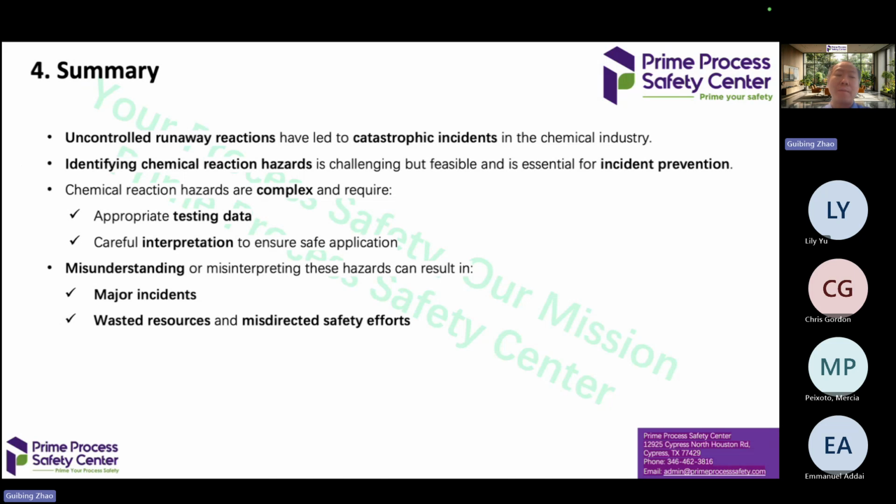Okay, let's go to a quick summary. Uncontrolled reactions can lead to a catastrophic incident. We see lots of incidents occur globally, and identifying chemical reaction hazards is really a challenge, but it's doable, by a specialized lab and well-trained engineers. The chemical reaction hazard is very complicated.